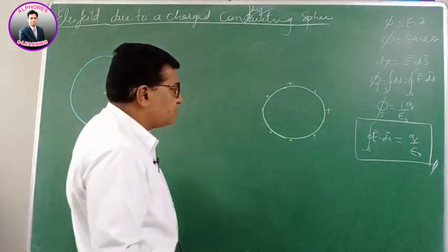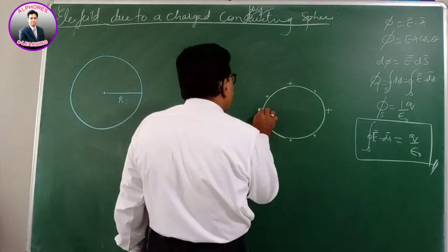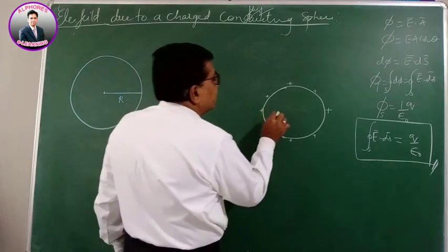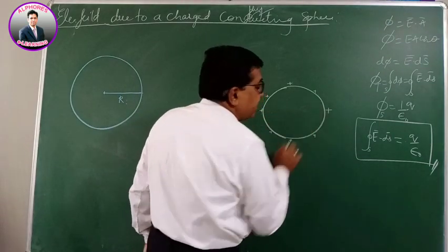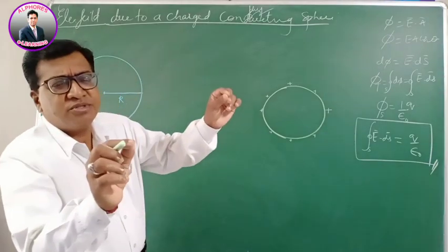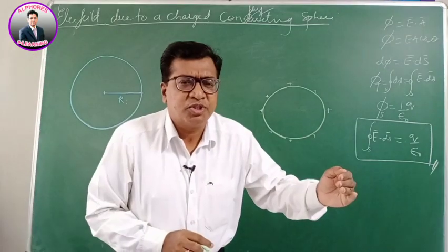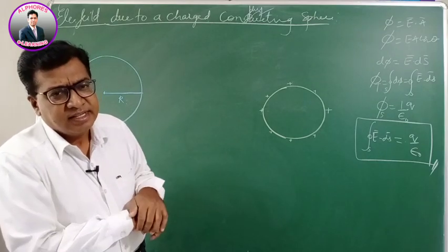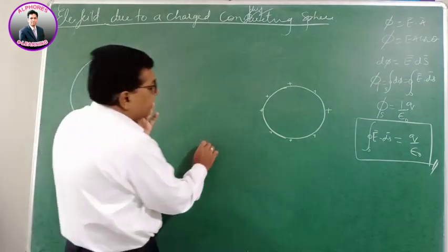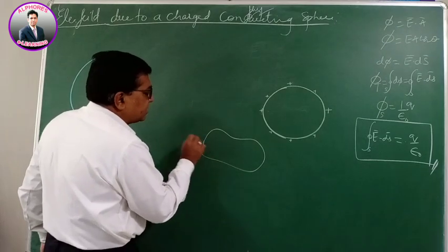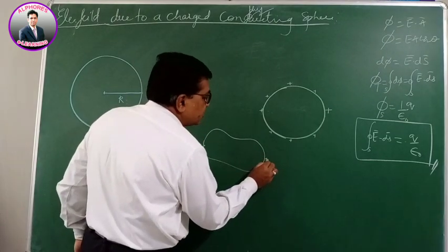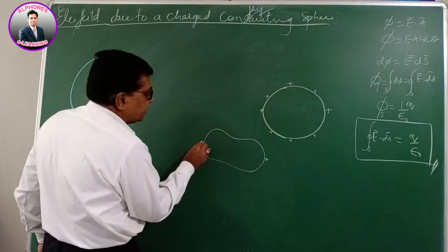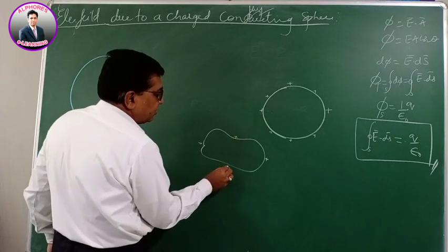The reason for it is, wherever you give charge, the charge reaches the surface. Charge migrates to the surface. It reaches the outermost boundary of that conductor. Take any conductor. When you give charge to it, the first goes to the outermost point, the second goes there, the third here, the fourth here.